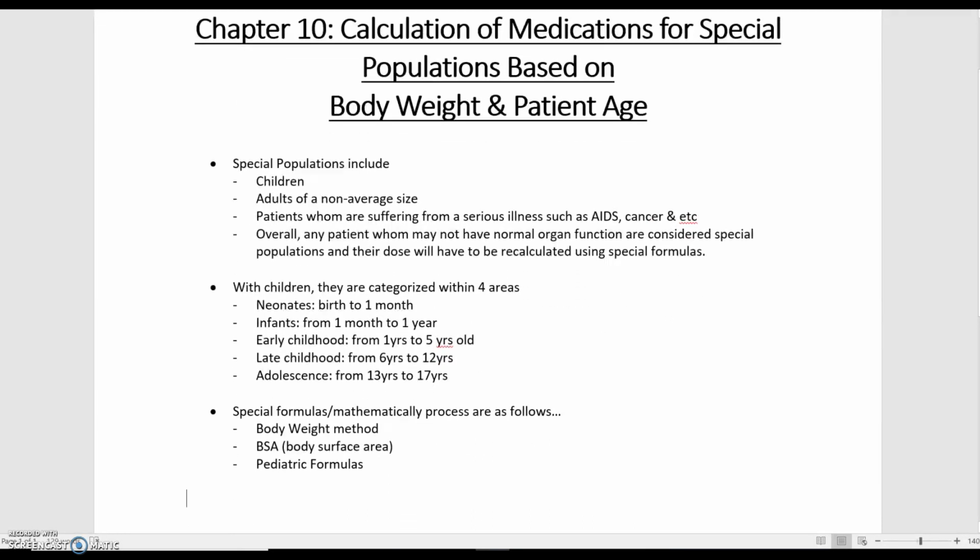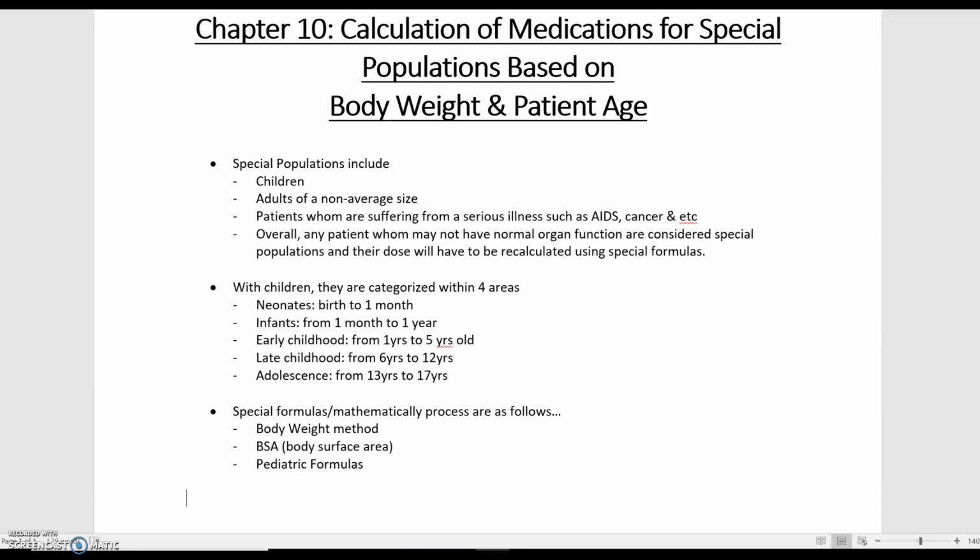One of the things I want you guys to know is that the majority of all medications, unless commercially available in a pediatric form, are basically made for an average adult, okay?